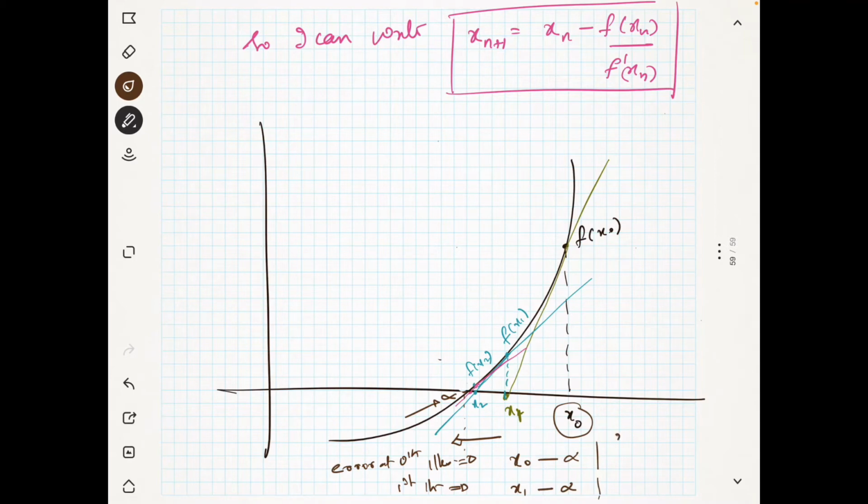Then in the second iteration, you have x2 minus alpha. Then in the third iteration, this is the error. I will just mark here all these are errors. So this is the 0th iteration error, this is the first iteration error, this is the second iteration error, then x3 minus alpha is the third iteration error.